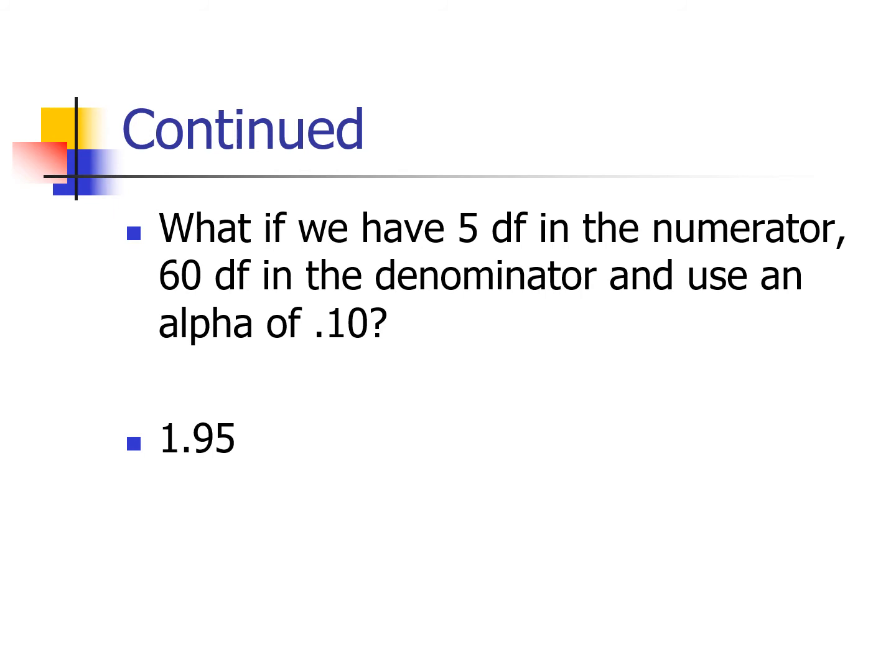So what about if we had an alpha of 10%, 0.10, 5 degrees of freedom in the numerator, 60 degrees of freedom in the denominator? What would that look like? Well, we sort of got to go back a page. So now I'm looking at page 922.